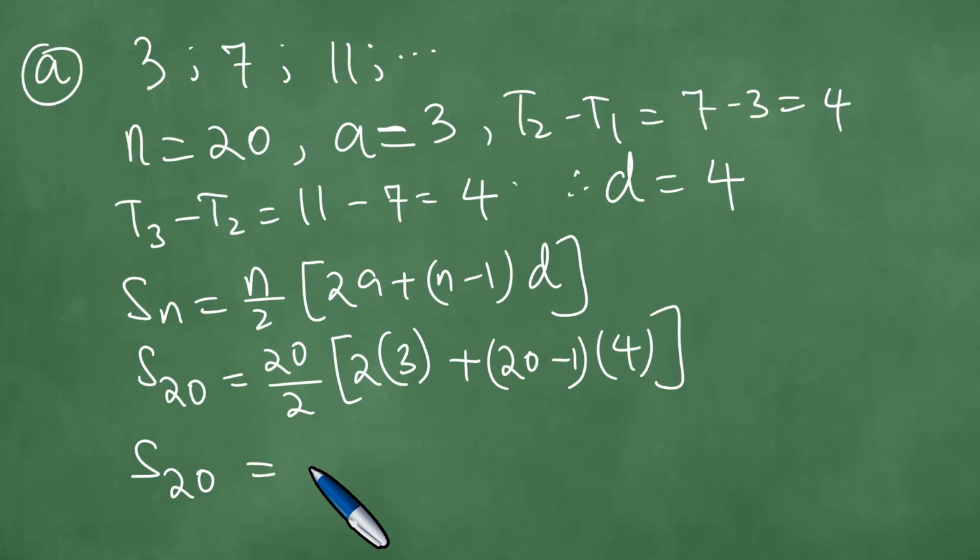Okay, I'm trying to do it here. Right. So in other words, you have 20 divided by 2 into 6 plus 19 by 4. 820. 10 times 6 plus 19 by 4. 820.